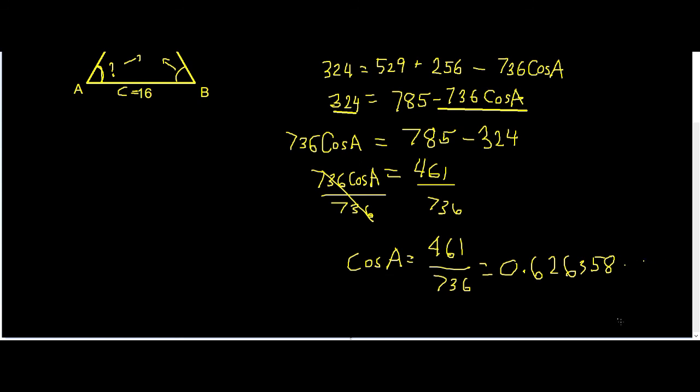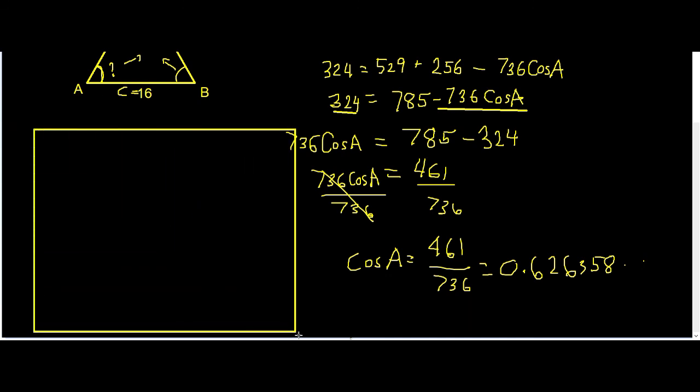Basta ganyan. Then, yung value nito, shift cosine nyo. Shift cosine, then yung value nito. Or, pag input nyo sa calculator, ganito. Makikita nyo yung cosine negative 1. Parang ganito, cosine, then may negative 1, then 461 over 736.